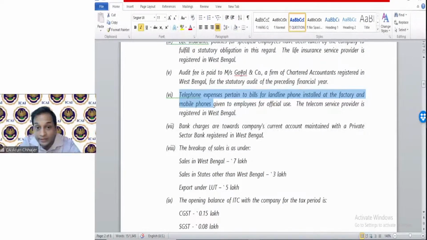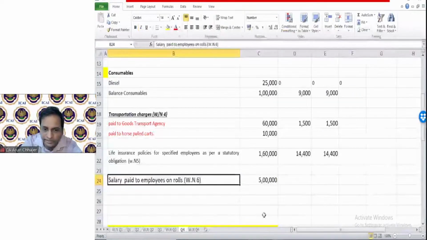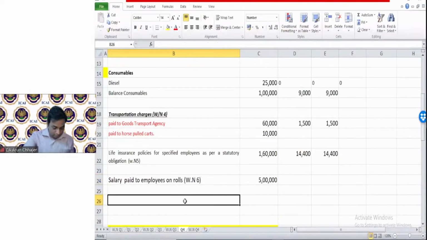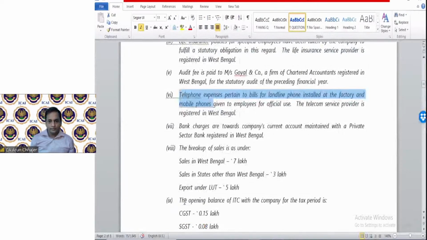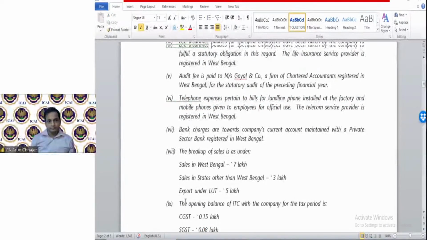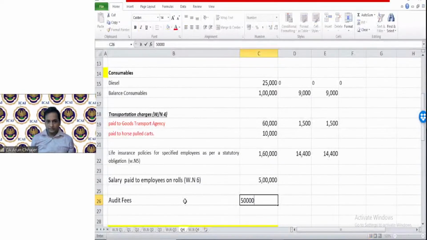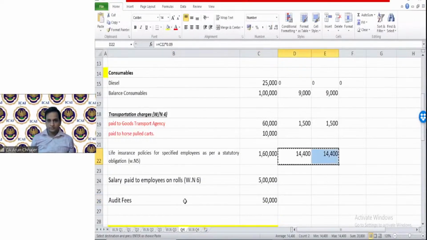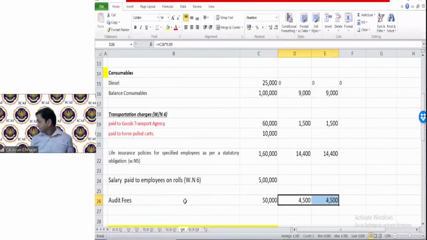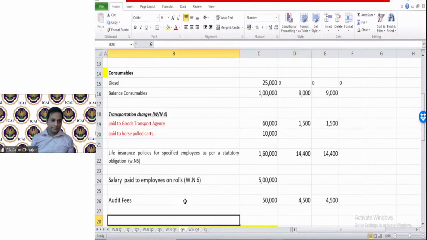Goyal and Company, a firm of chartered accountants registered in West Bengal, for the statutory audit of the preceding financial year. So we can simply say the audit fees are 50,000, absolutely number one.